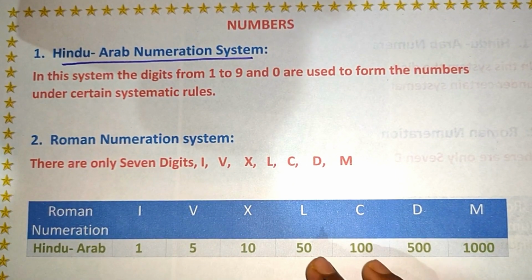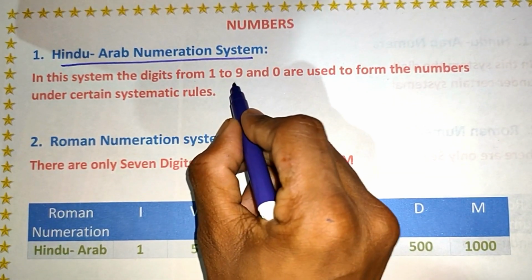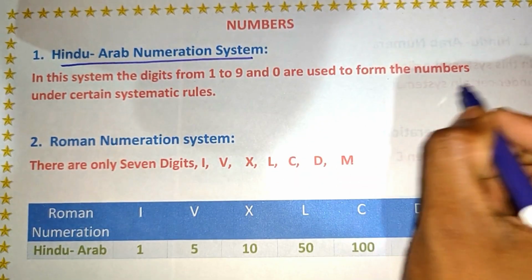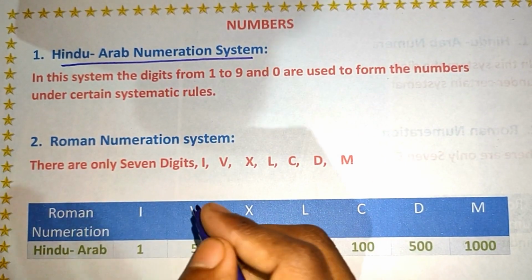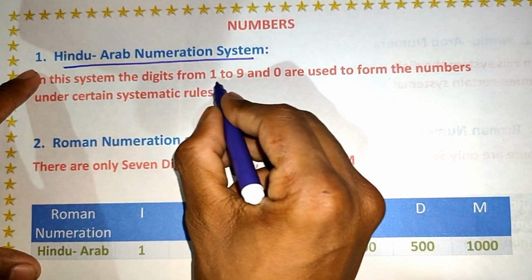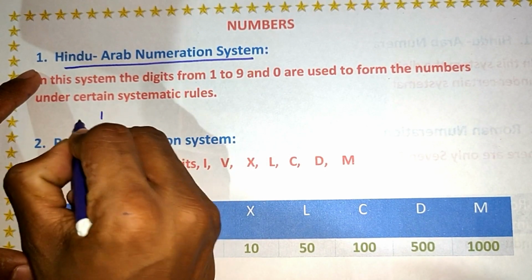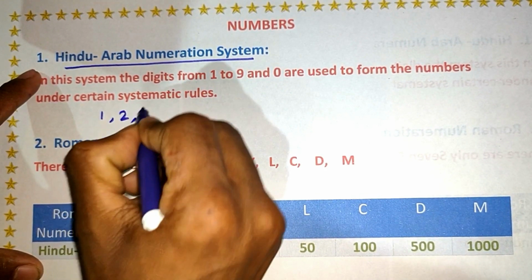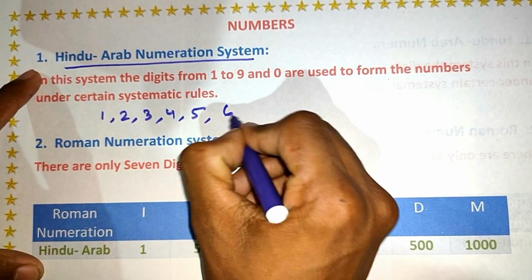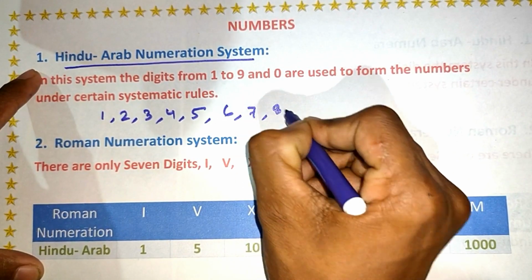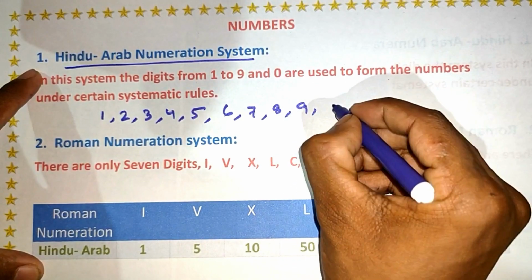In this system, the digits from 1 to 9 and 0 are used to form numbers under certain systematic rules. That means when you write a number, we will use these digits: 1, 2, 3, 4, 5, 6, 7, 8, 9 and 0.